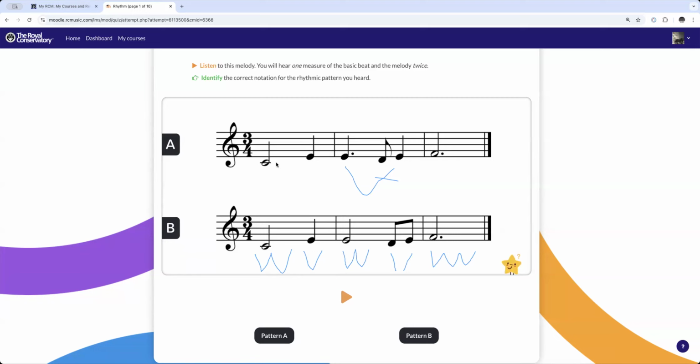And the first one should be like this, okay? 1, 2, 3. 1, 2, 3. 1 and 2, 2, 3, 2, 3. So which one is that? Let's listen to that again.